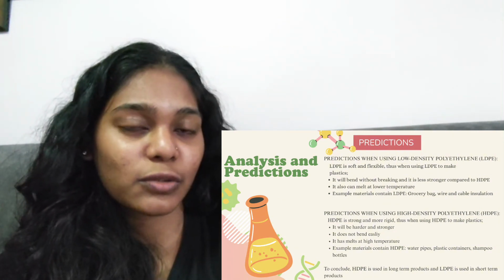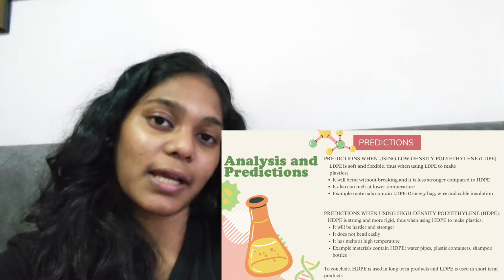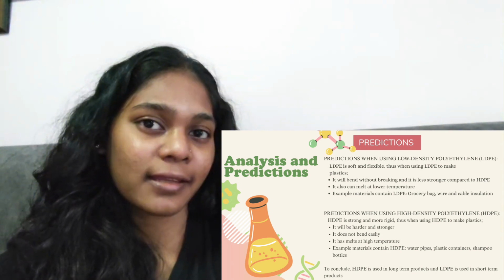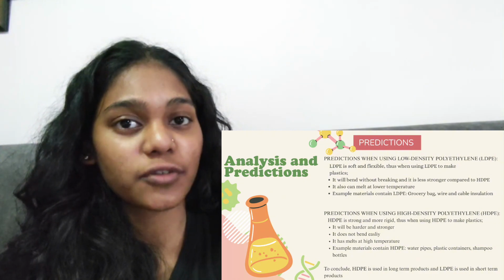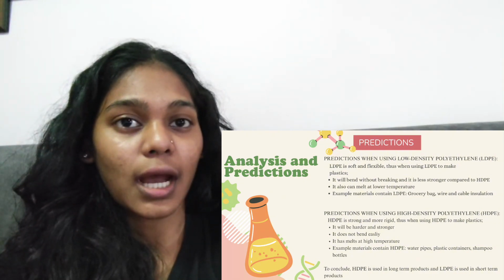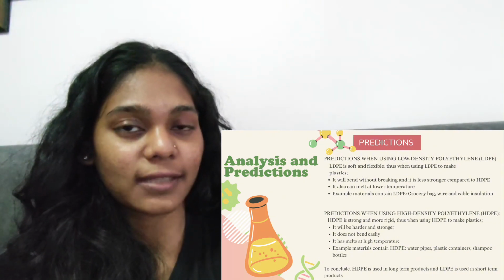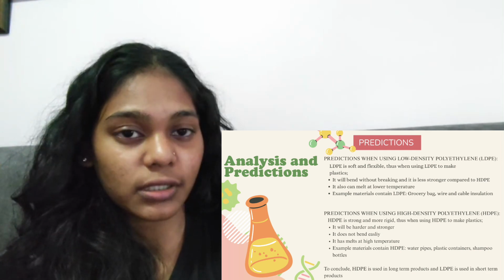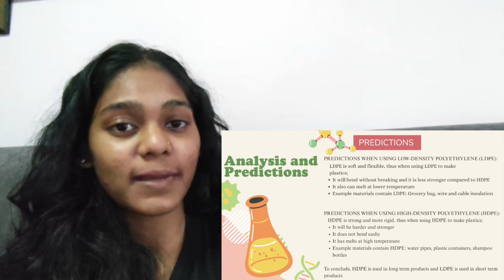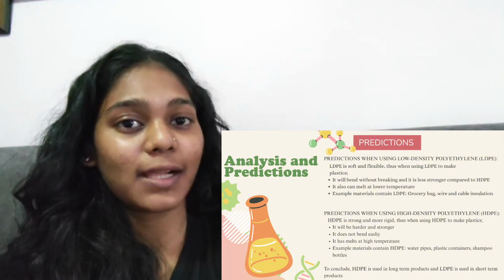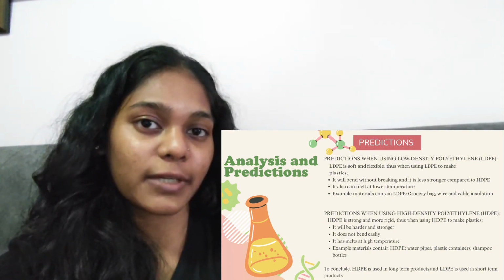Second, what are the predictions when using high density polyethylene in plastics? What are the characteristics of HDPE first of all? HDPE, as we know, is strong and rigid compared to LDPE. It is also harder and stronger, and it does not bend easily, unlike LDPE. And it's also the opposite of LDPE, in that it can melt at a high temperature instead of a low temperature.